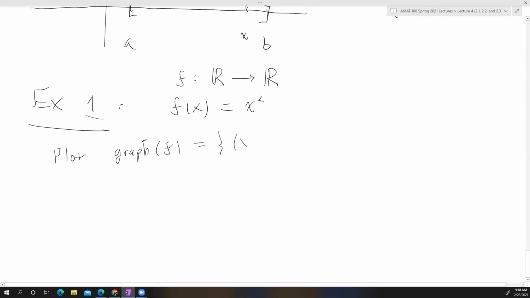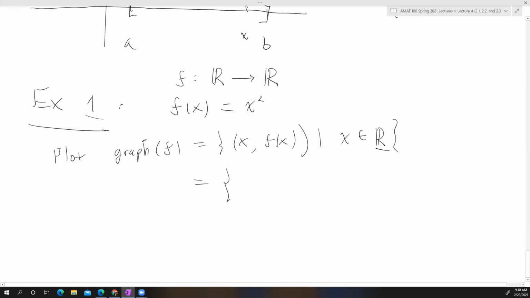And that will consist of ordered pairs, just going by definition. So the graph of f will consist of all the ordered pairs x comma f of x, where x is some real number, because that's our domain. This is the domain of the function.